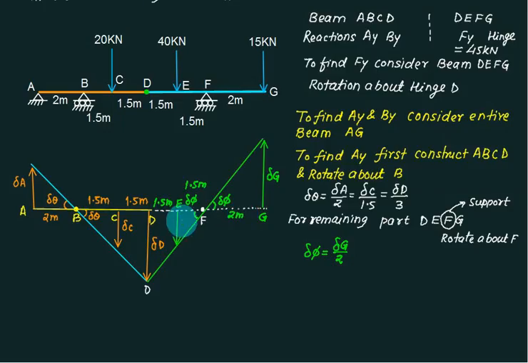This one is delta E, so delta E divided by 1.5. And this one is delta D, divided by 3. Now I want to find the relation between del theta and del phi. So can we conclude that this term is common to both?